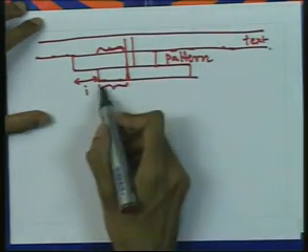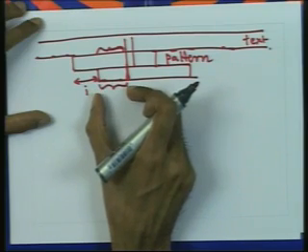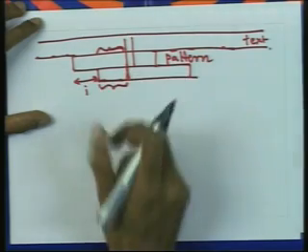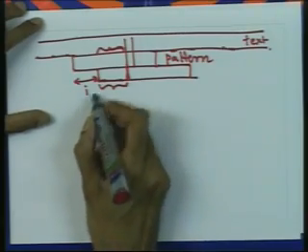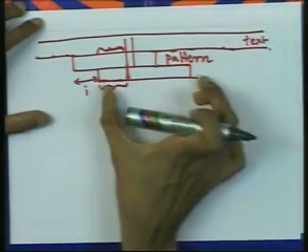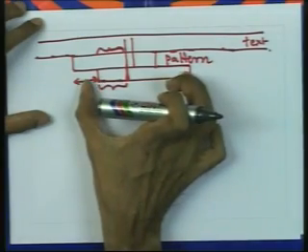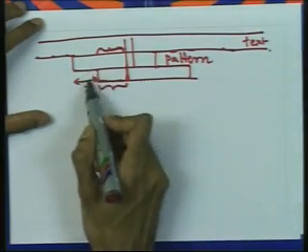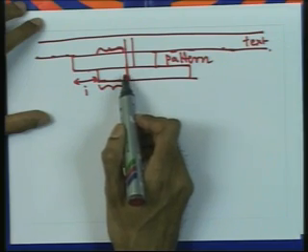This prefix must match this suffix, and this must be the largest prefix. I cannot have a larger prefix matching this. For instance, if I move the pattern by less, let us say i minus 1, and there is a match, then I should not miss that opportunity.